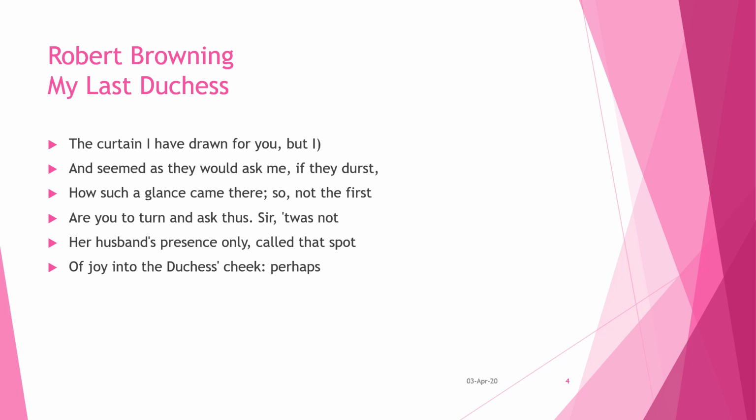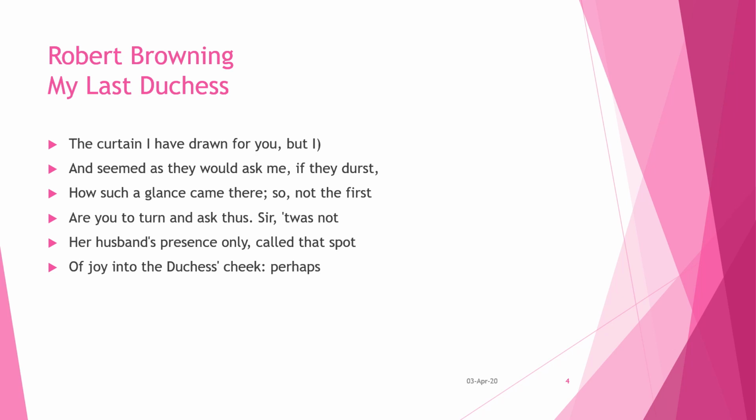tells us that the portrait is hidden behind a curtain, and no one is allowed to open that curtain except himself. So the strangers could only ask him for information. That is, if they durst.